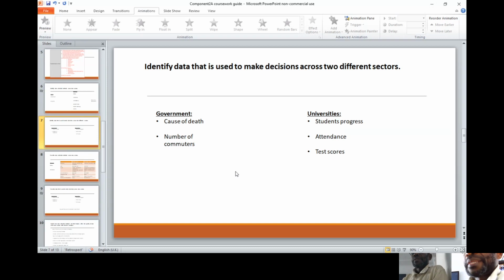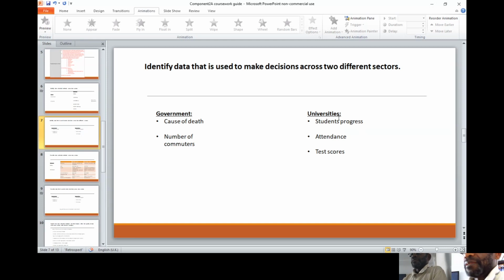But this time you are to identify the data that the government will need to collect in order to inform their decision. In this case, the government will need to collect the cause of death of people and the number of commuters. That is the data the government needs to collect.